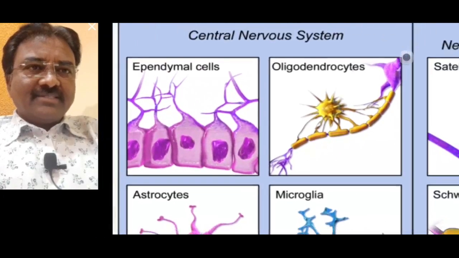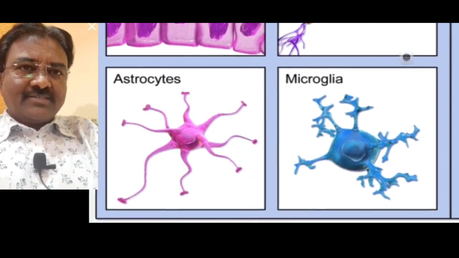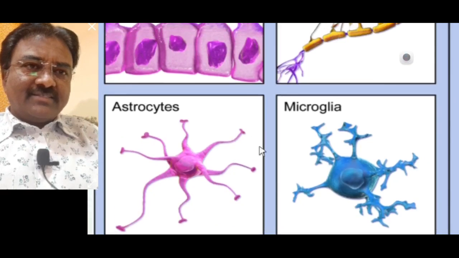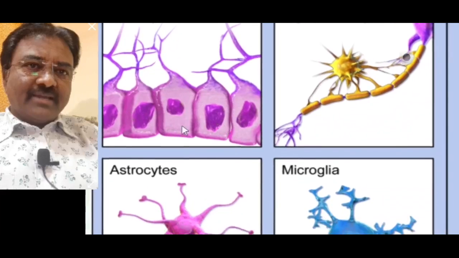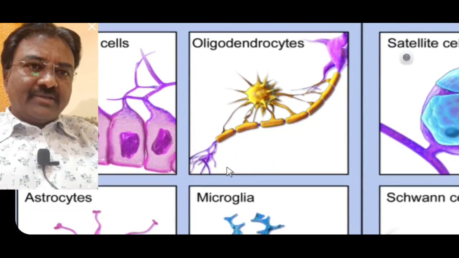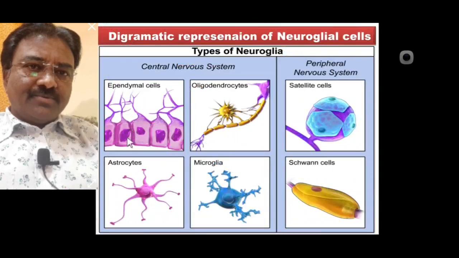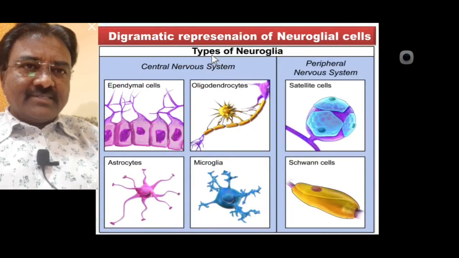In the central nervous system, first one is astrocyte cells, which look like star-shaped cells. Second, ependymal cells. These are the ependymal cells. Oligodendrocyte. This one is oligodendrocyte. And microglia. Means these 4 types of neuroglia cells are present in the central nervous system, while these 2 types of cells are present in the peripheral nervous system.